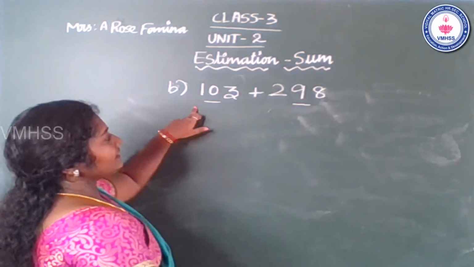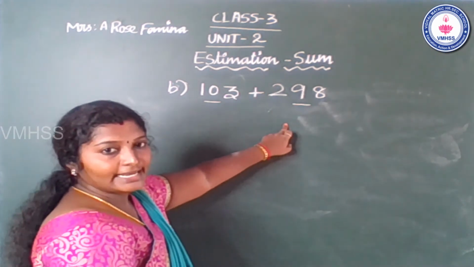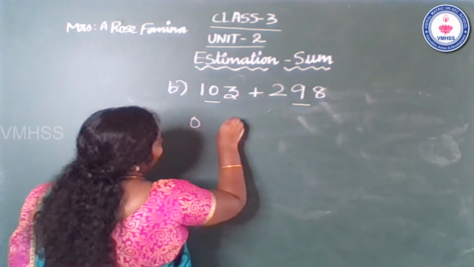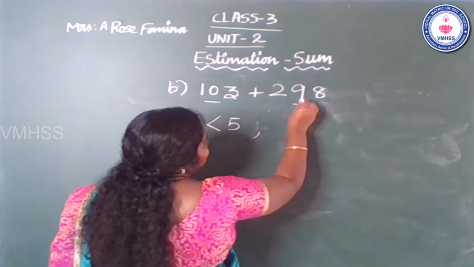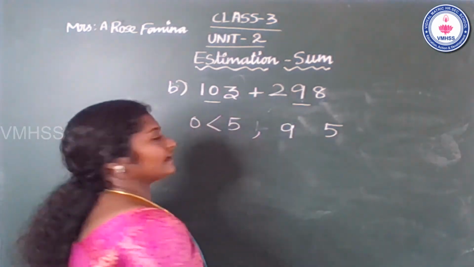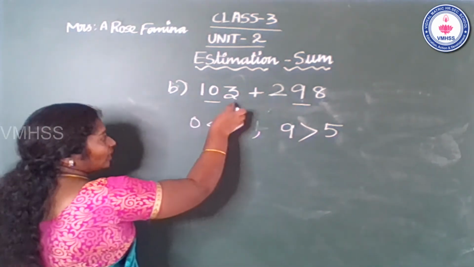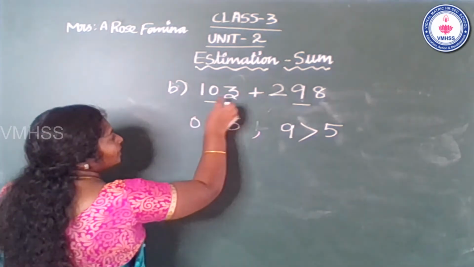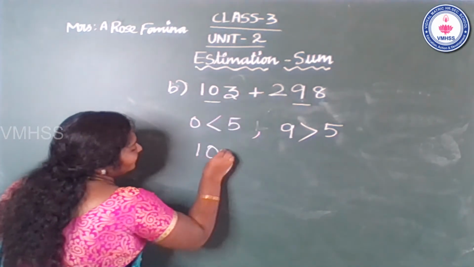So first number 103 plus second number 298. See the tens place: 0, compare with 5. And 9, compare with 5. 9 is a greater value. So 103, round to the nearest 10, so the 0 stays, so 100.